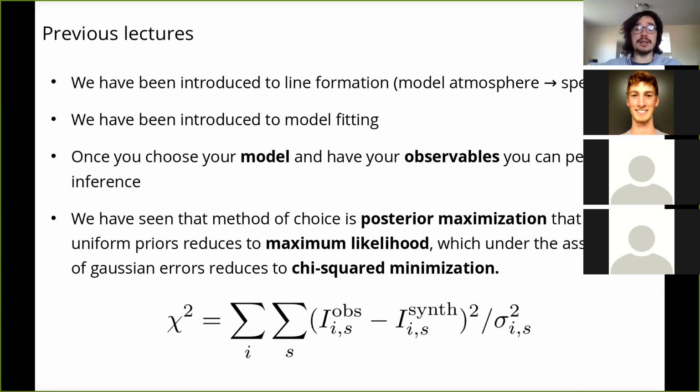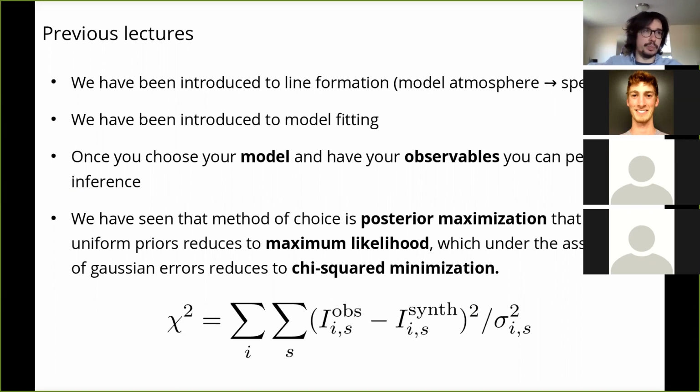In principle, that inference should be posterior maximization. We are looking for the maximum, or ideally we want to sample the probability of individual parameter values given our observations. In the case of so-called uniform priors, where all parameter models are equally probable a priori, this reduces to maximum likelihood.